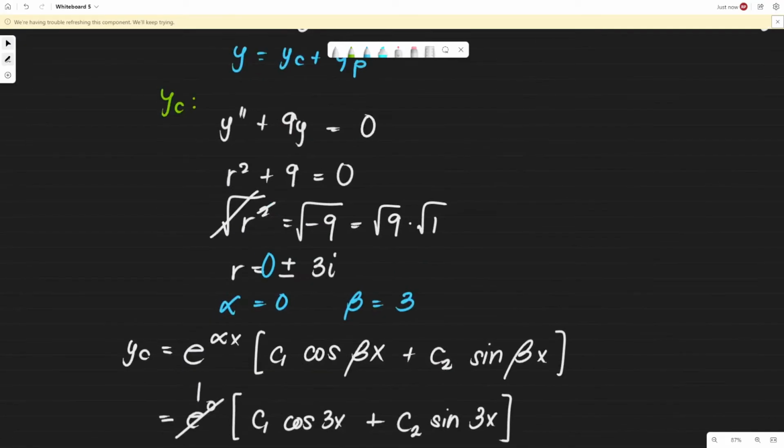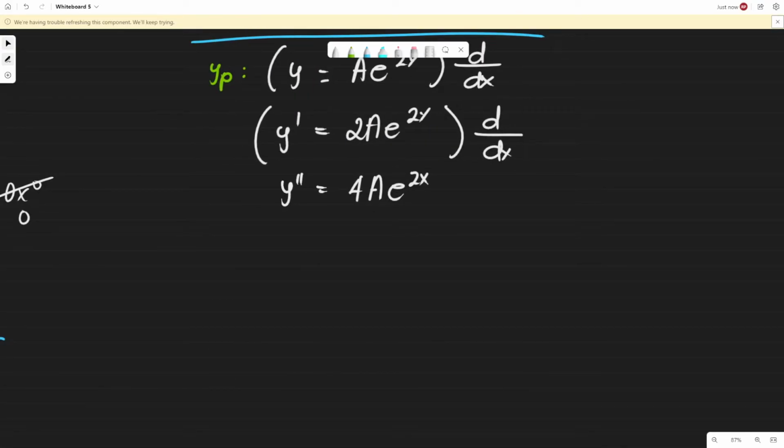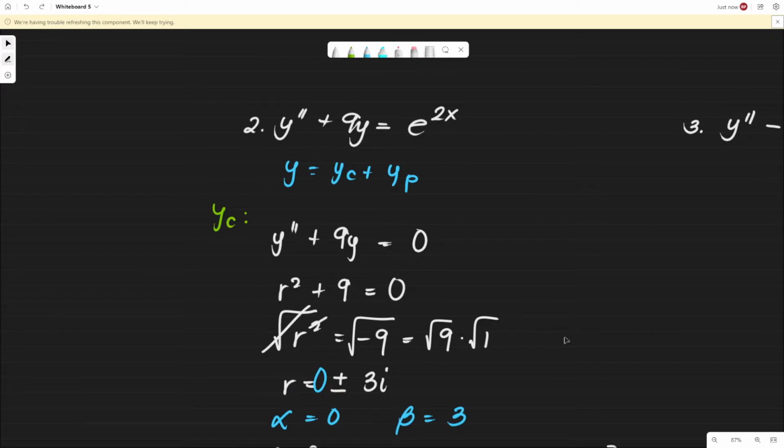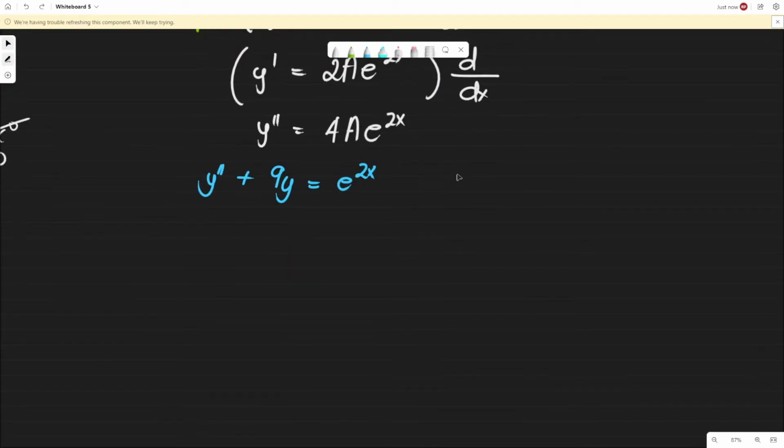So we have y double prime plus 9y, which is equivalent to e raised to 2x. Let's substitute what we can.